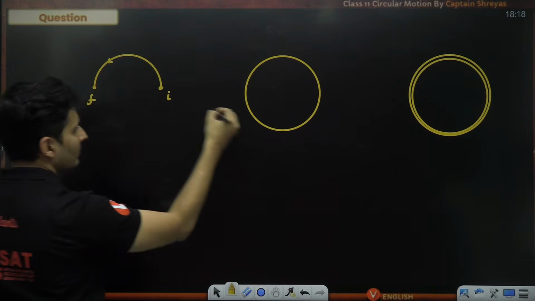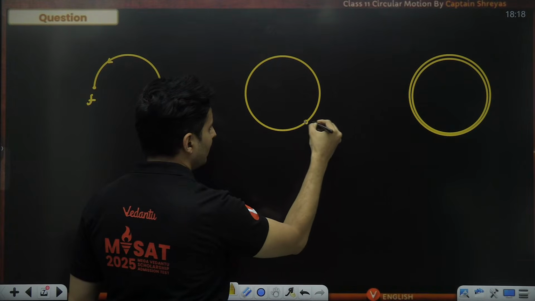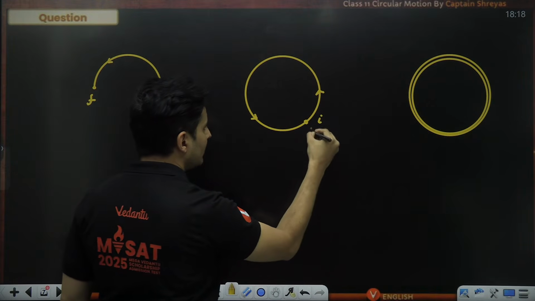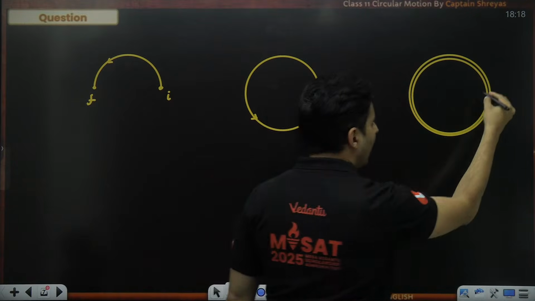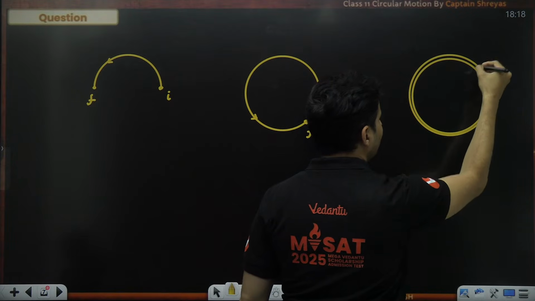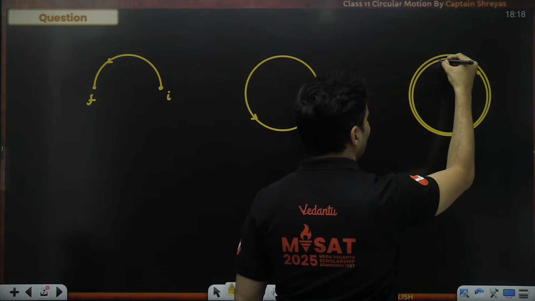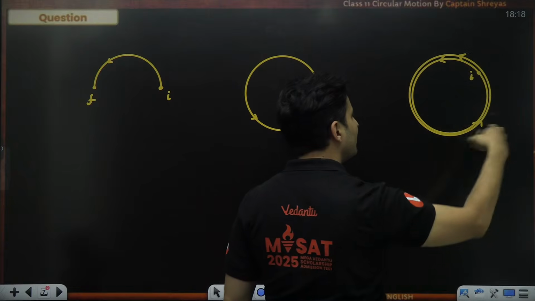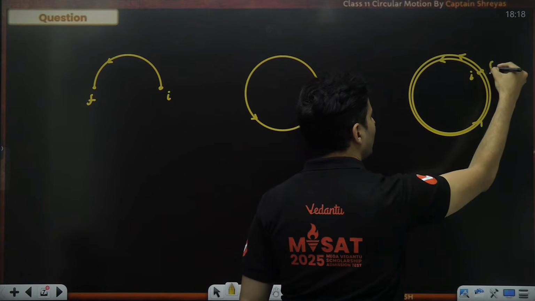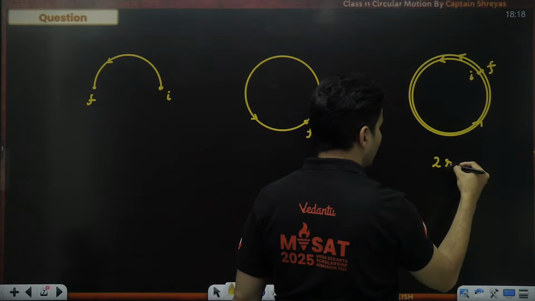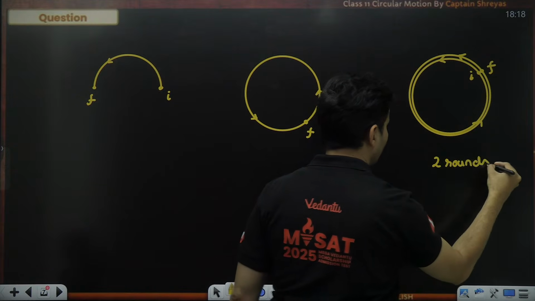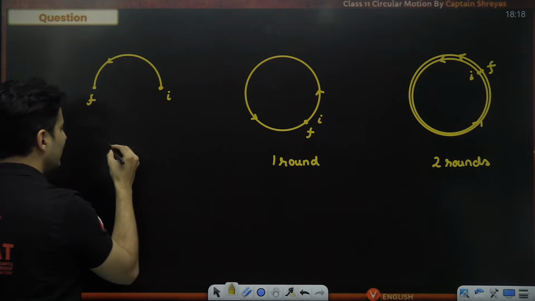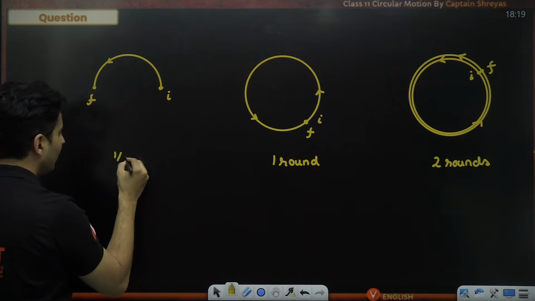I go around and finally reach the same position. I am somewhere over here initially, I go like this, switch my track and continue my journey, and finally reach over here after 2 rounds. Here there is 1 round. Here it is just half a round.